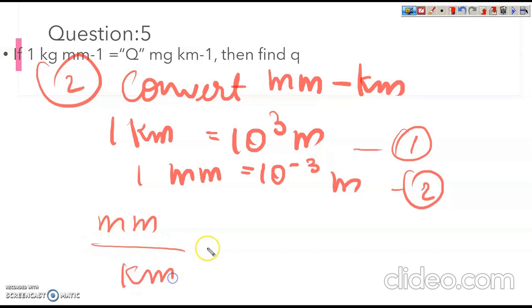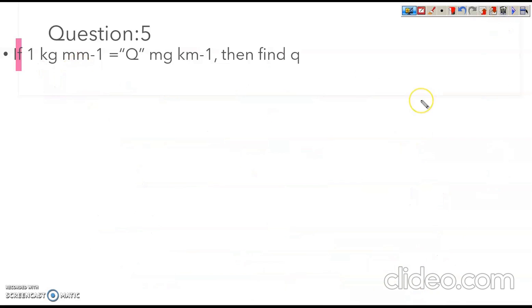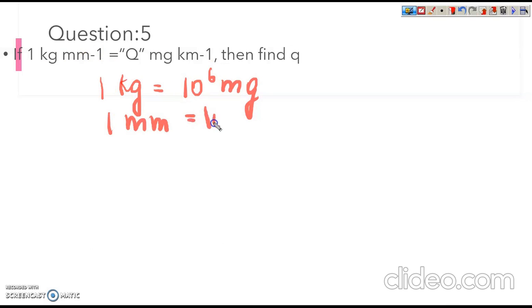Sorry, we will divide equation 2 by equation 1, which will be 10 to the power minus 6. So we got 1 millimeter is 10 to the power minus 6 kilometer. Now we got that 1 kilogram is 10 to the power 6 milligram and 1 millimeter is 10 to the power minus 6 kilometer.